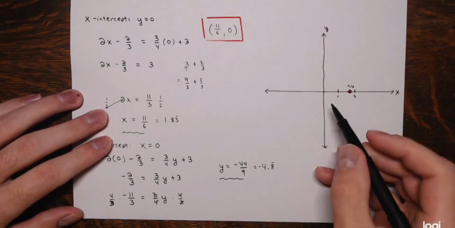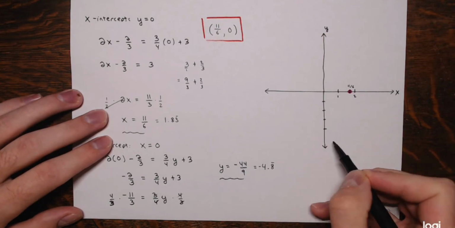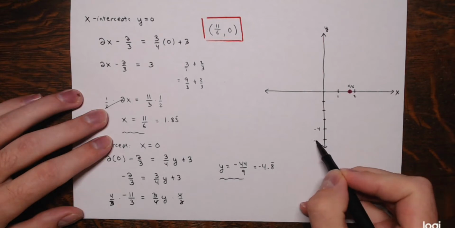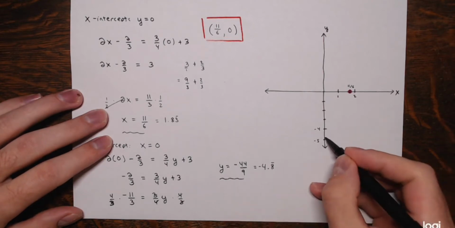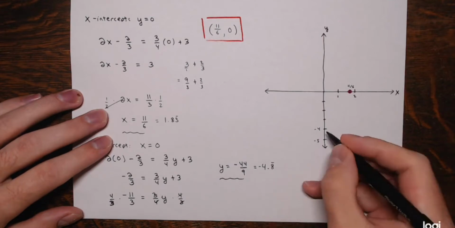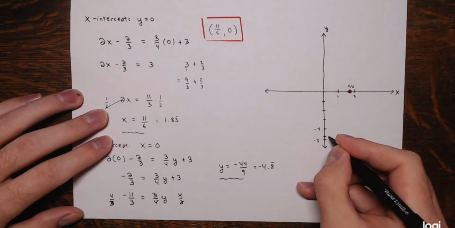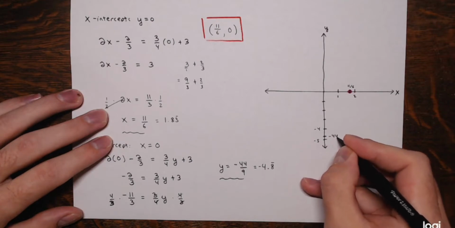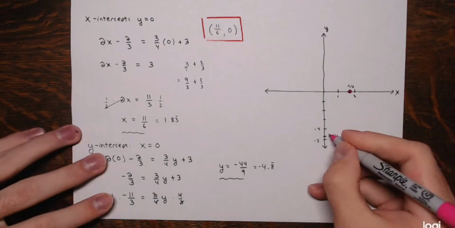So on the y-axis, here's negative 1, negative 2, negative 3, negative 4, and negative 5. The y-intercept is really close to negative 5. It's almost negative 4.9. So let's say it's about here. There's negative 44/9, and there's your y-intercept.